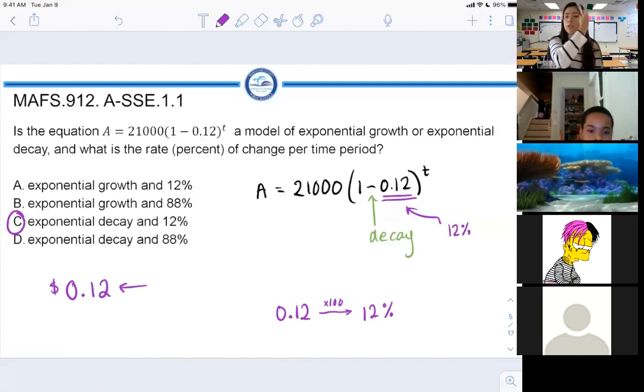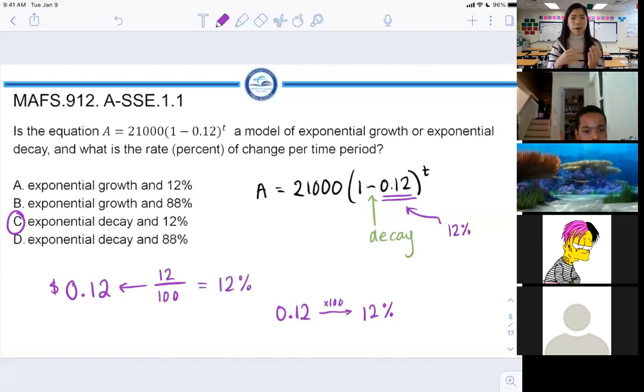100, right? So this is 12 out of 100. 12 hundredths. Now, if I want to know how much of a percent that is, a percent is how much you have out of 100. That's what the word percent means. Per means per, and cent means 100. So how many do I have out of 100? I have 12%.